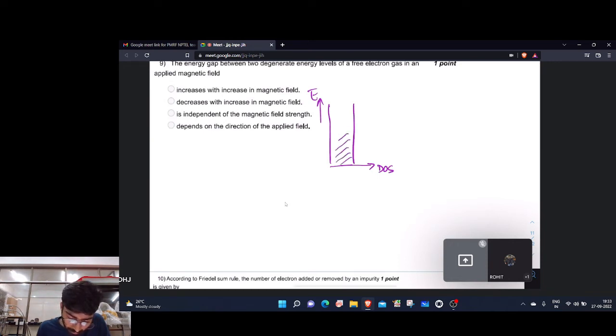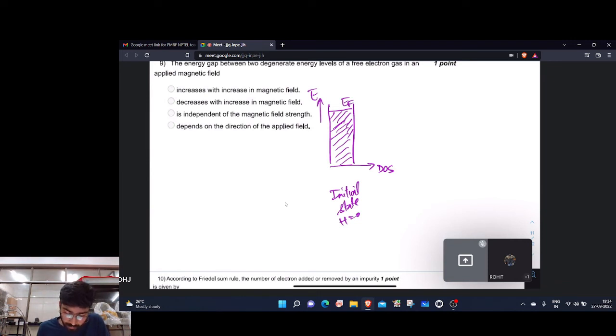So initially, this is the initial state, or let me call it H is equal to 0 state, that no magnetic field is applied, and the electrons are filled up to a certain level, which we know is the Fermi level.